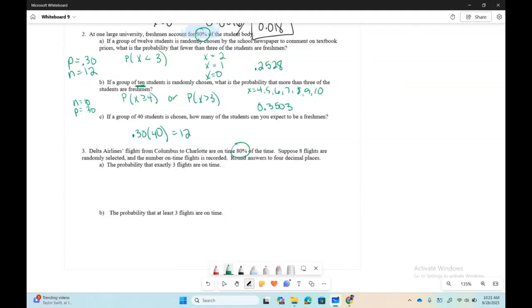All right. Flights are on time 80% of the time, so that's our p-value. We have 8 flights, so n equals 8. Find the probability that exactly 3 flights are on time, so x is 3. Okay, so we're going to our table.